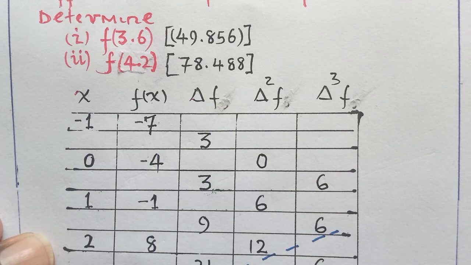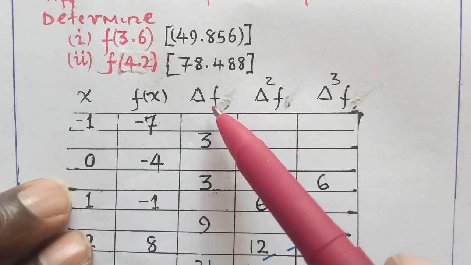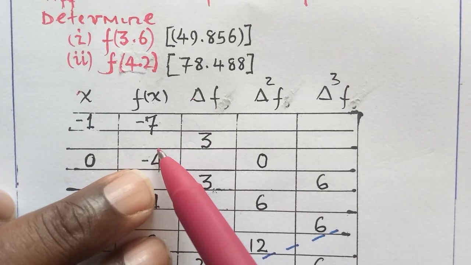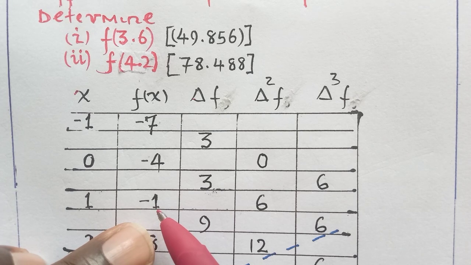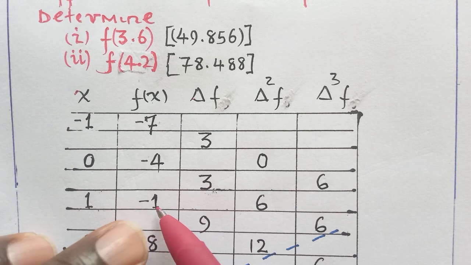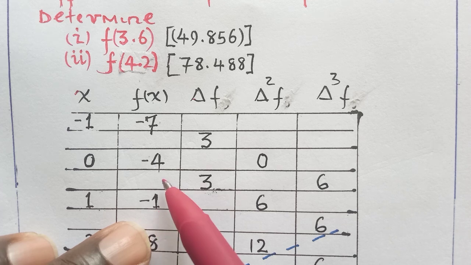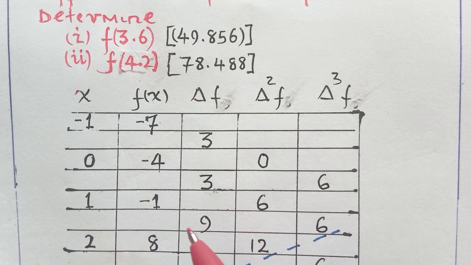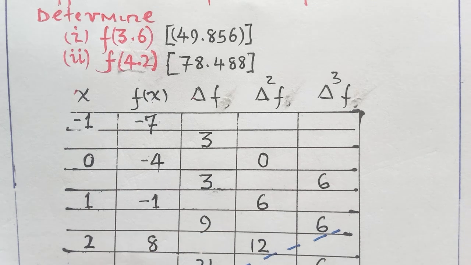And so guys, what we come and do is that for our first derivative, we say 4 minus 1, we get 3. For this value, we say 8 minus 4, which is 4... For this value, we say 8 minus 1 is 9.